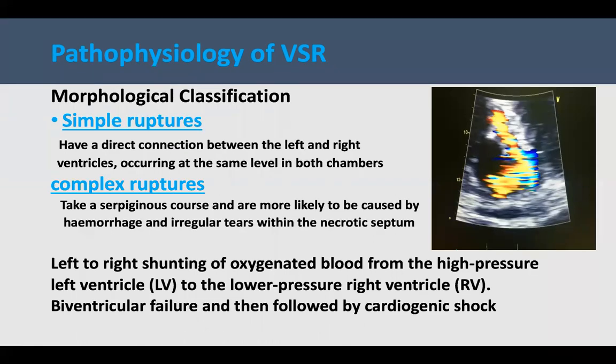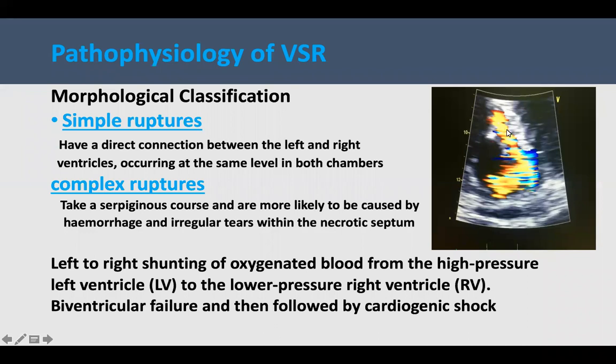So what is the pathophysiology of VSR? Morphologically, we classify them into simple and complex defects. A simple defect is a direct connection between the left and right ventricle at the same level in both chambers. But sometimes we have complex ruptures. They take a curved course, or there is a dissection in the septum, and we call it a serpiginous course, caused by hemorrhage and irregular tears within the necrotic septum.